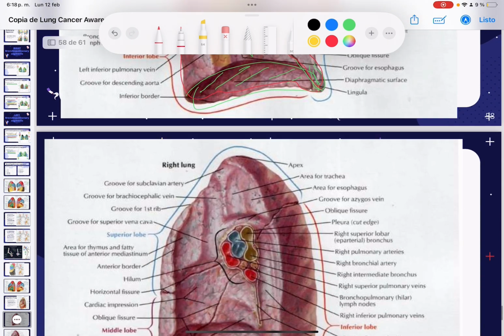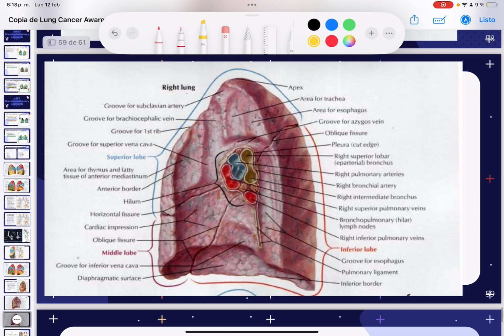Here. In the right lung, we also have different grooves. We have the same structures in the hilum, but we can see the groove of azygos vein. We can see here the groove of brachiocephalic vein.